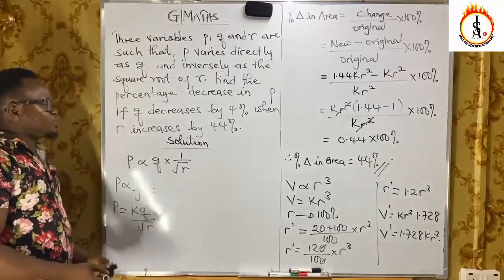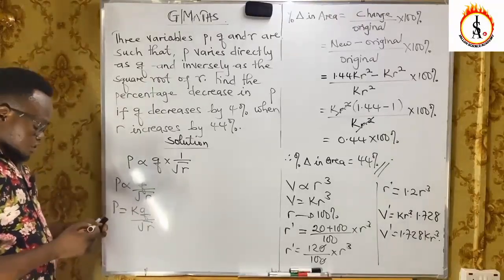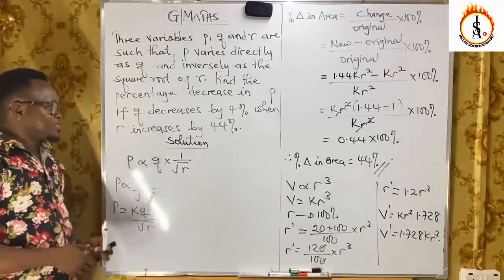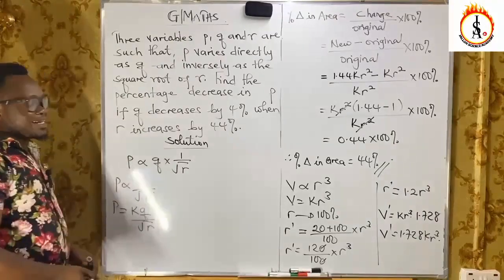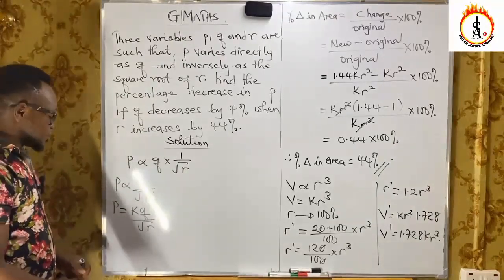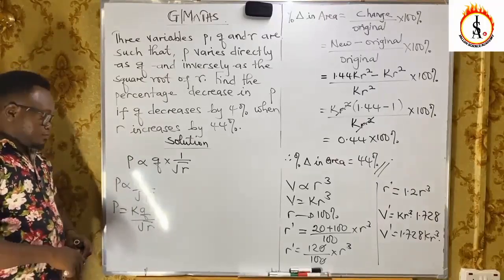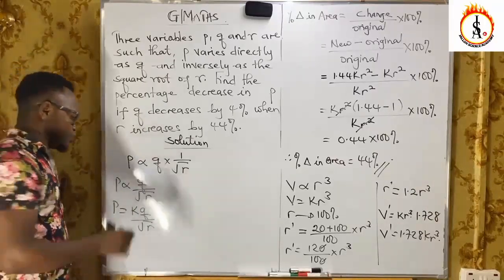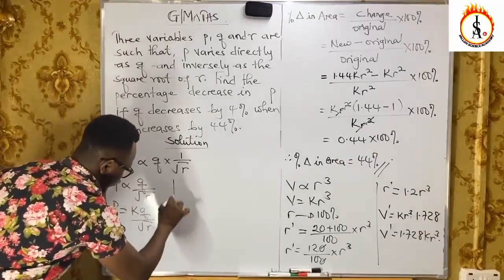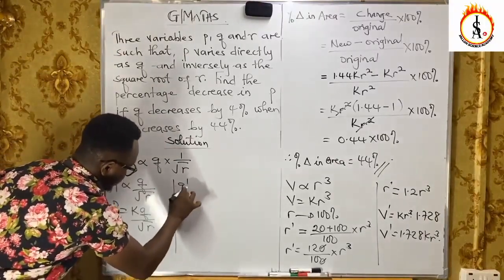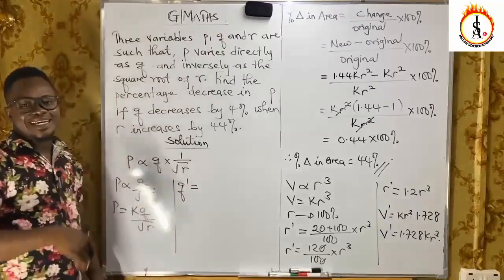But we are further told that we should find the percentage decrease in P if Q decreases by 4% when R increases by 44%. So we need to get our new Q, okay? So getting Q, it is decreasing.